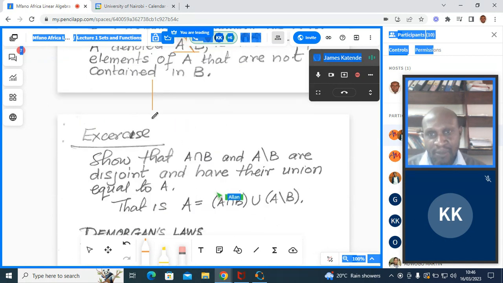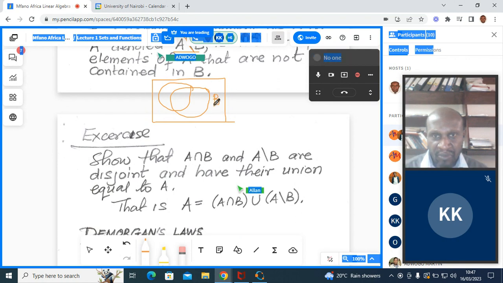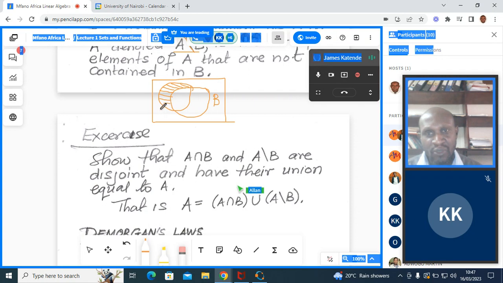If you are to use diagrams to explain that, suppose we have two, let me make this bigger. Suppose we have two sets. It's the first one, that's the second set, B. So if you want the relative complement of B in A, you have to get rid of all the elements that are in B, just remain with those that are in A but not in B. So you knock out the intersection, basically.